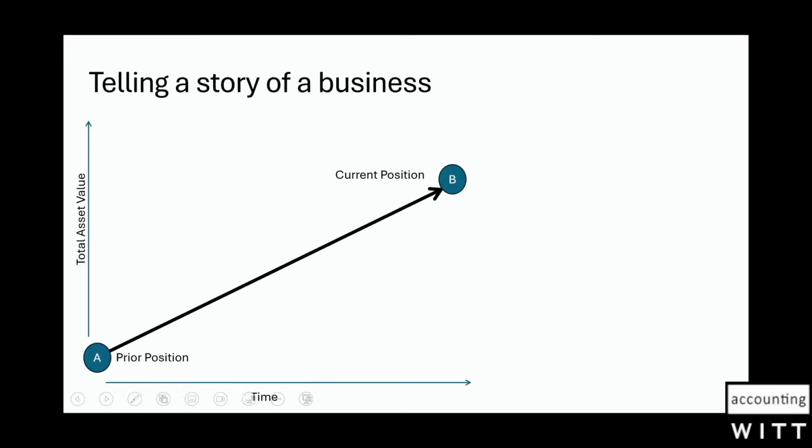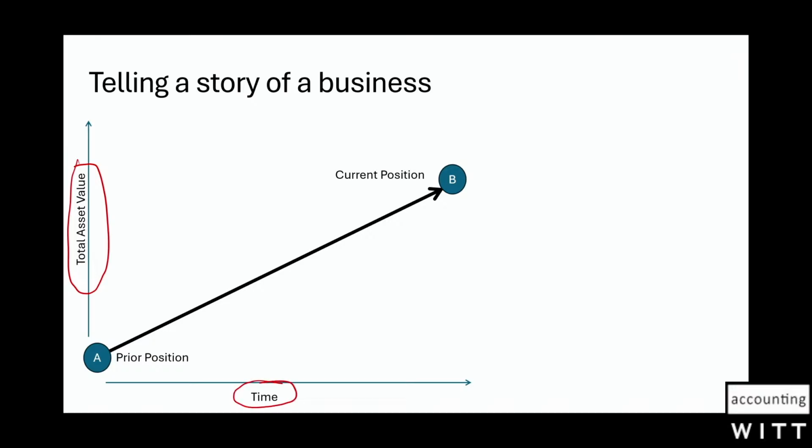All right, so accounting is telling the story of a business. And the way it tells you the story of a business is it's telling you where the business is in terms of its asset value over time.